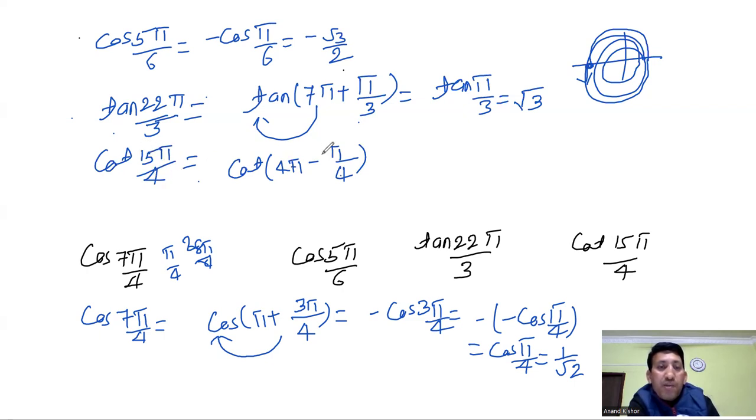Just less than 4 pi, so 4 pi minus pi by 4. Now this is not pi by 2 or 3 pi by 2, so cot remains cot pi by 4. And 4 pi minus something is the fourth quadrant, cot negative. So negative cot pi by 4 is 1, so minus 1. Very moderate it is. Thank you.